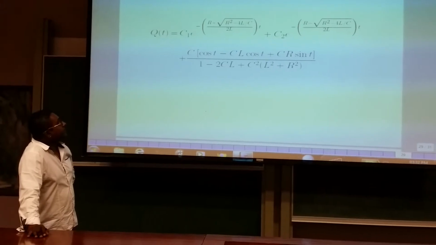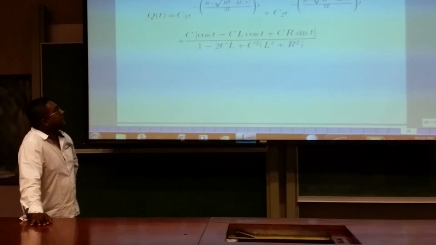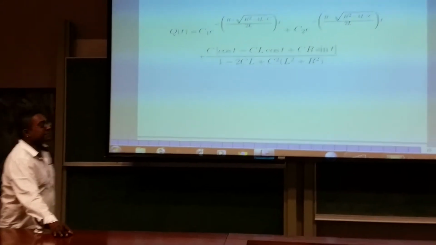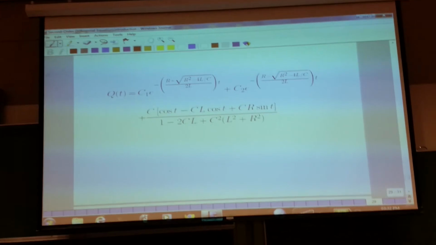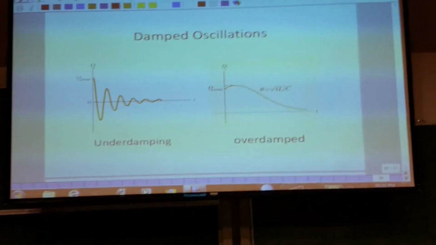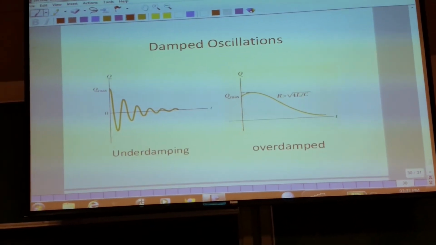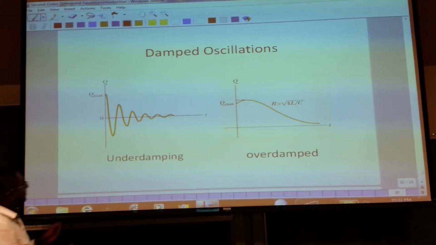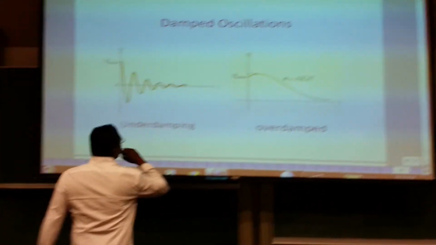But also very important is the relationship between R, L, and C. And this gives rise to three cases, just like the mechanical oscillator that you've seen earlier. We have damped oscillations, an underdamped system, just like the mechanical oscillator. You find that you have sinusoidal behavior, but it's enveloped by two decreasing exponential functions.